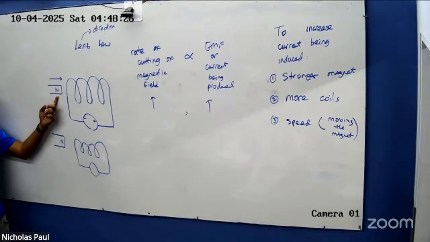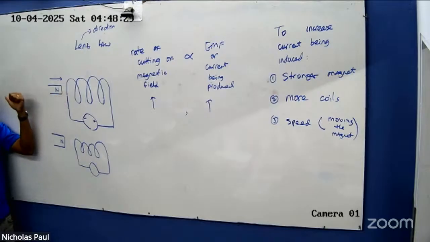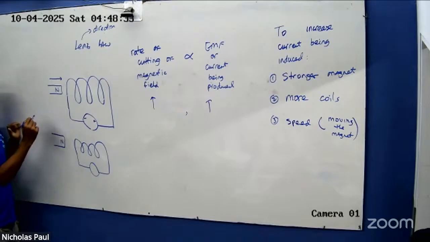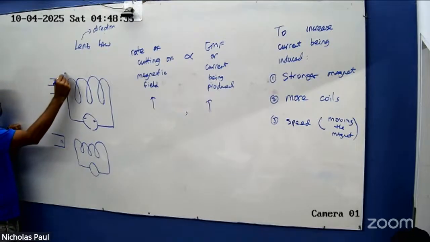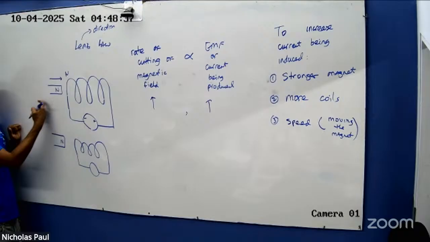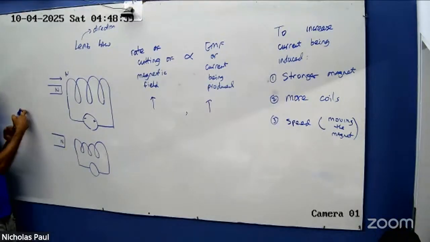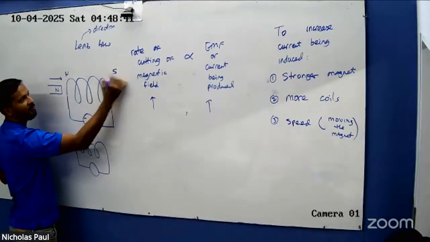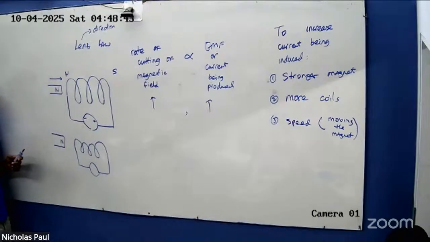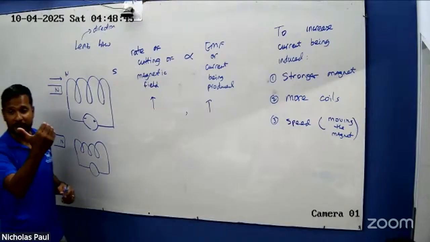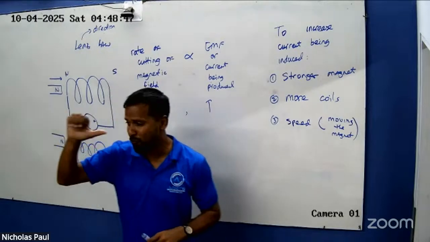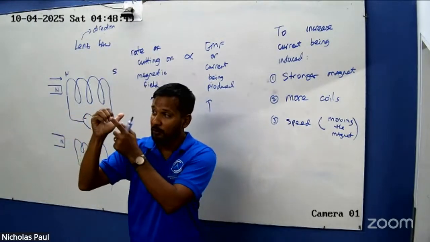So if here is north, what will send it out? What pole will push it out? A north. And a north pole will push the magnet outwards. Correct? And if here is north, here is what? If we know the direction of the north, we use the right-hand grip rule and figure out current direction.